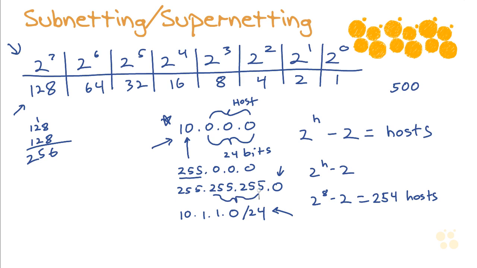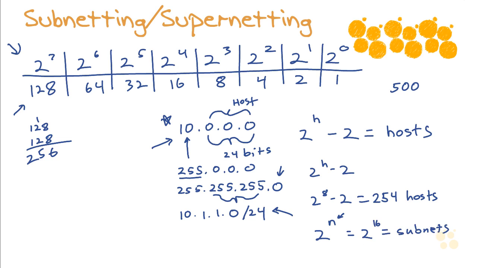Well, you can always answer that question with an even simpler formula. It's 2 raised to the n, where n is your network bits. Yeah, so here we're extending the network bit portion by 16 bits, aren't we? So it would be 2 raised to the 16 is the number of subnets that we could create given this new scheme that we have devised.